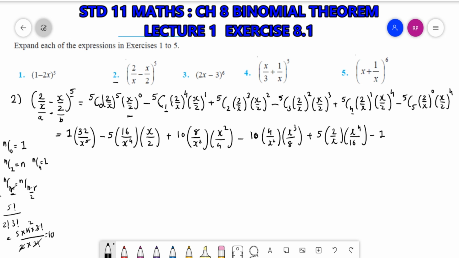This will be 1, 2 by x raised to 0, that is 1, so x raised to 4 upon 32.